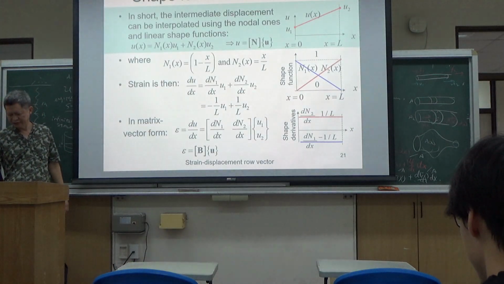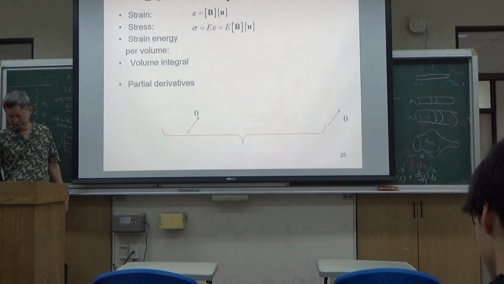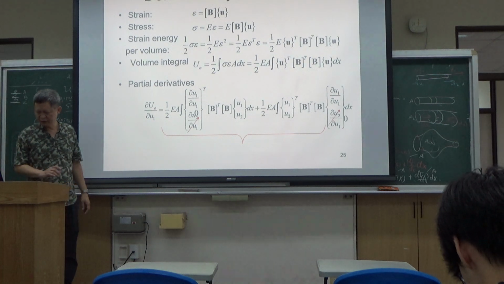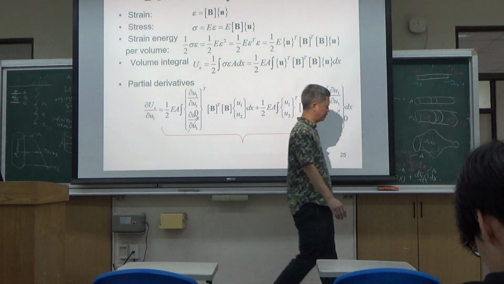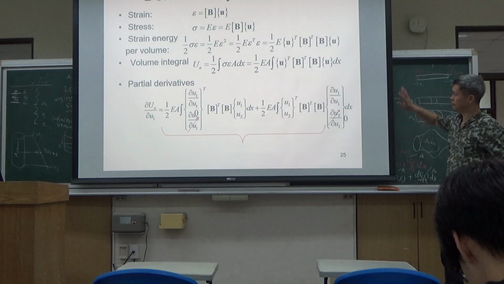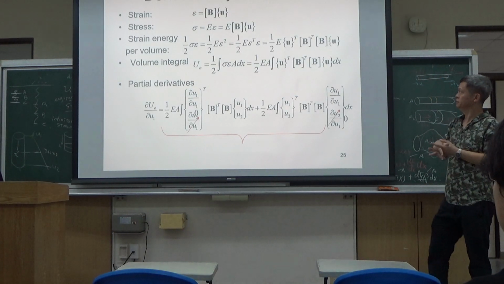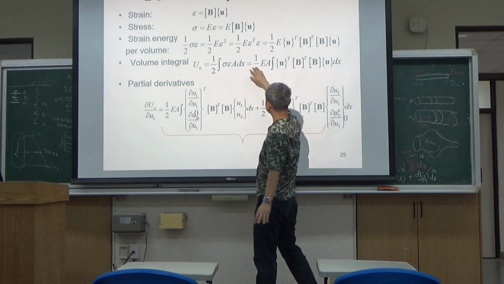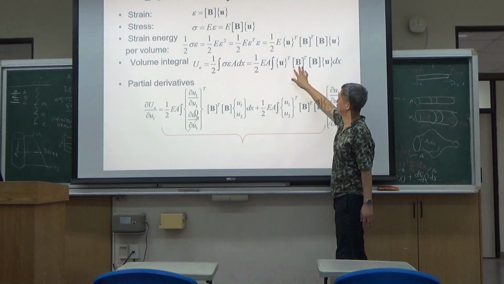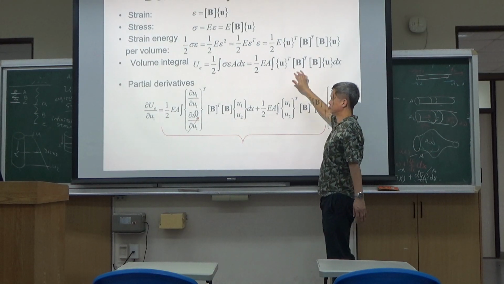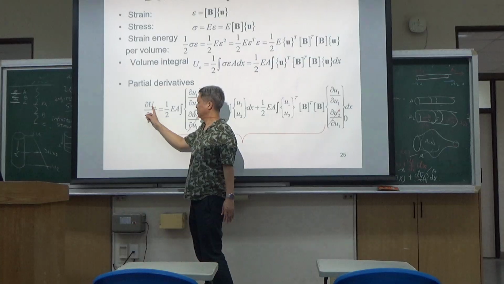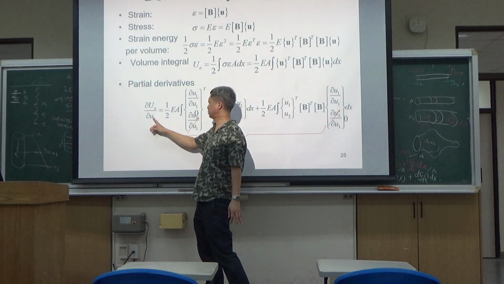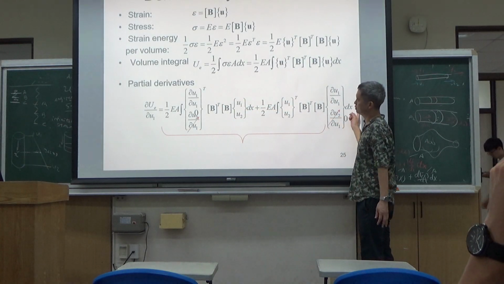So this is just the starting point. What is important here? We haven't used this equilibrium equation yet, but I'm just telling you, if you're using the strain energy expression, upon substitution of the u dx, you're going to eventually obtain the partial differentiation of the strain energy with respect to u1 is equal to this expression.